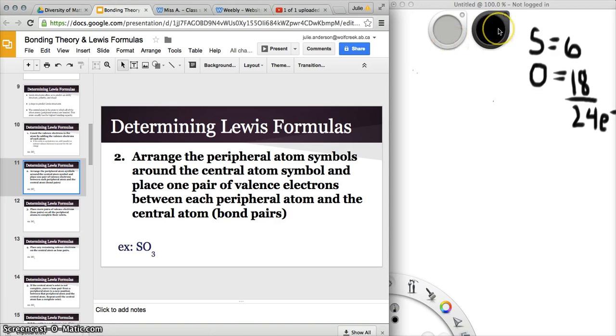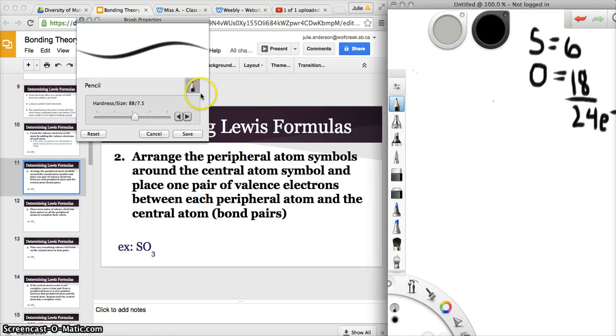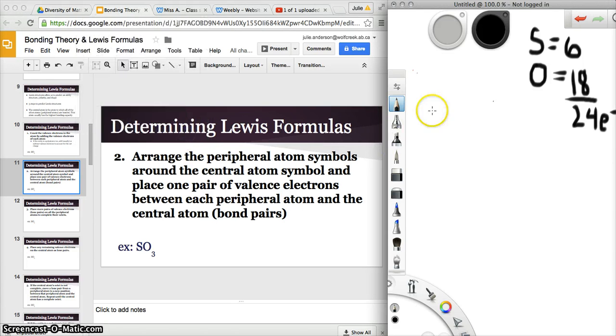All right, so let's go ahead and do that. So I'm going to make sulfur my central atom, and I'm going to arrange the peripheral atoms around the central atom and place a pair of electrons between each of these.